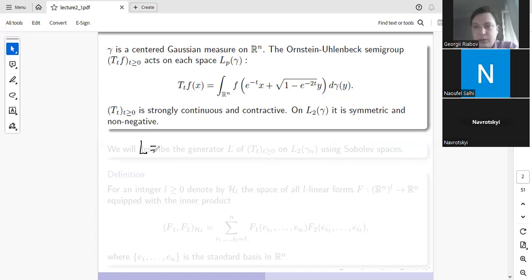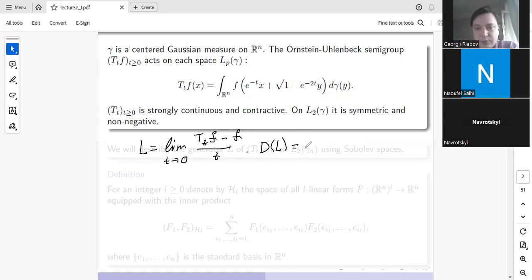It is called the Ornstein-Uhlenbeck operator, and it is defined as a limit when t converges to 0 of the semigroup applied to f minus f, divided by t. Such a limit may not exist for all f, so it is defined on a domain.